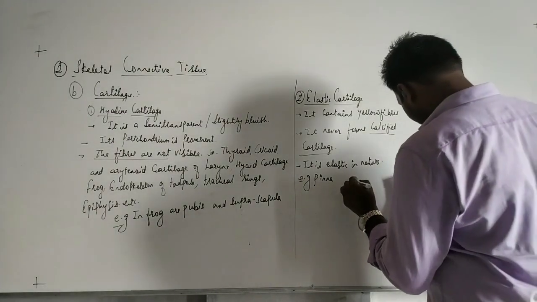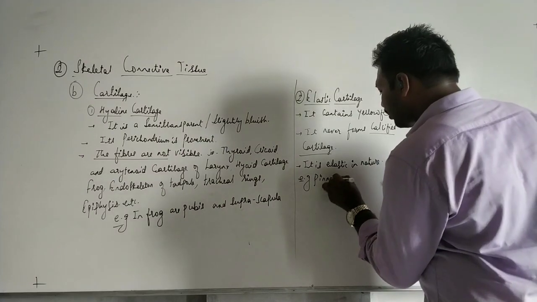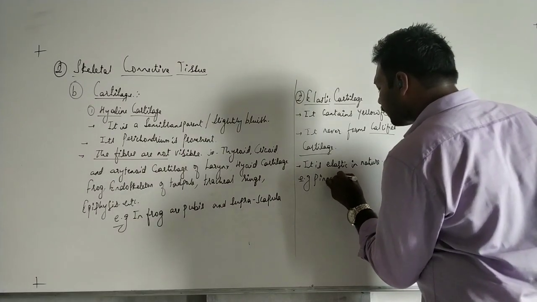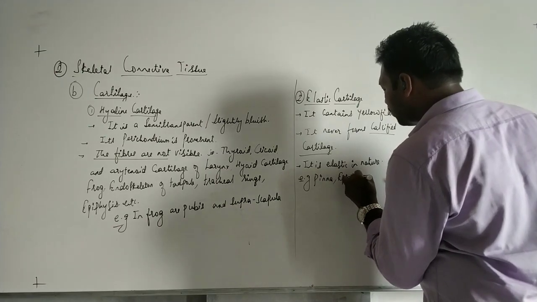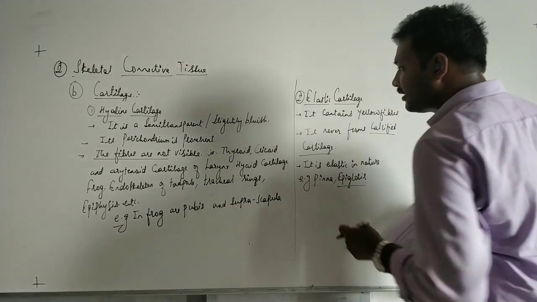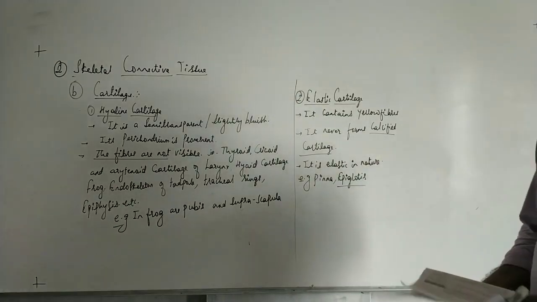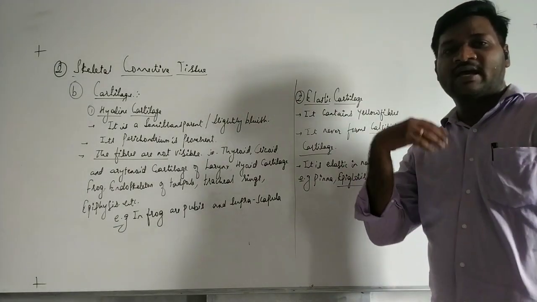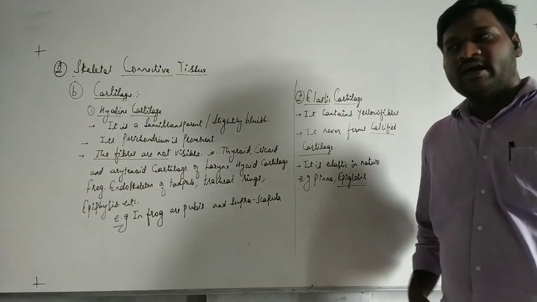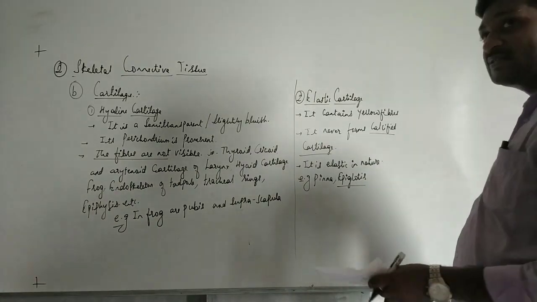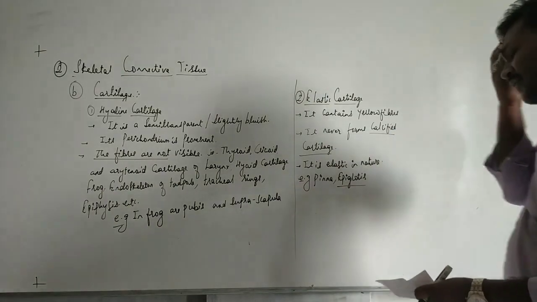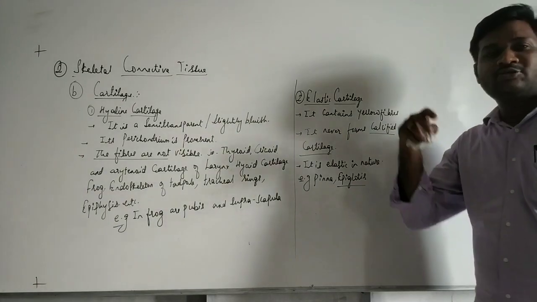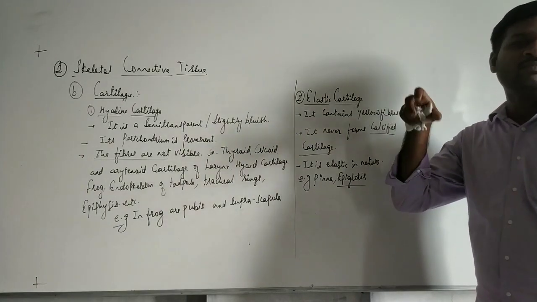The next, epiglottis. Now, what is epiglottis? See, the epiglottis is the part next to the oral cavity. It actually covers the windpipe. Whenever we swallow food material, it should not get trapped within the windpipe.